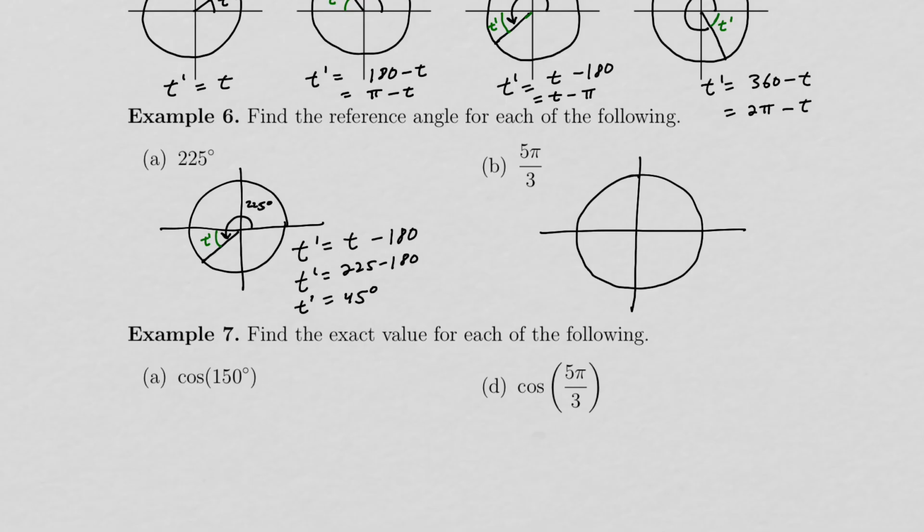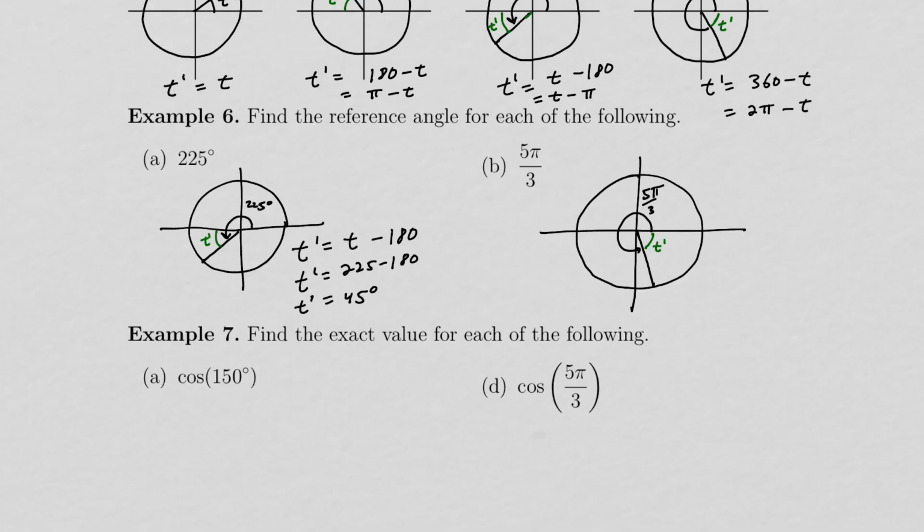So it's not quite all the way around. It looks like it's going to be somewhere in the fourth quadrant. So this angle right here is 5 pi over 3. And I want to find the reference angle, T prime.